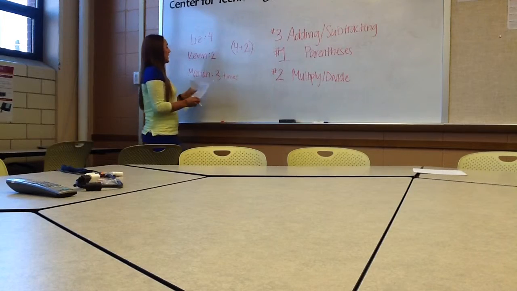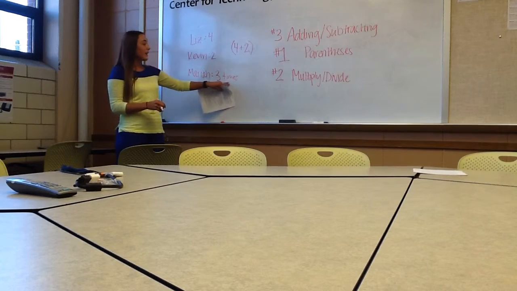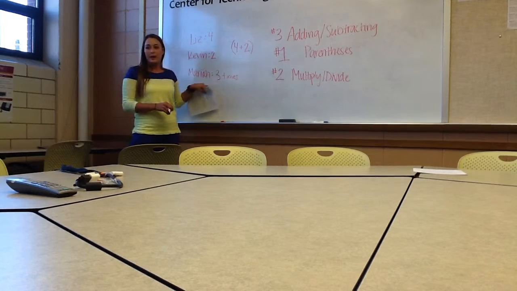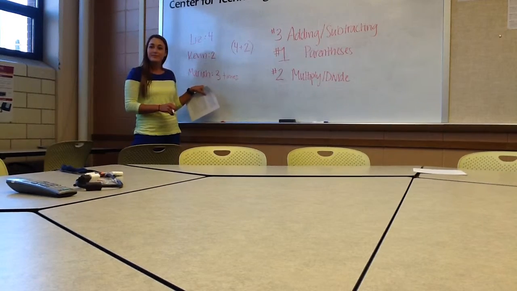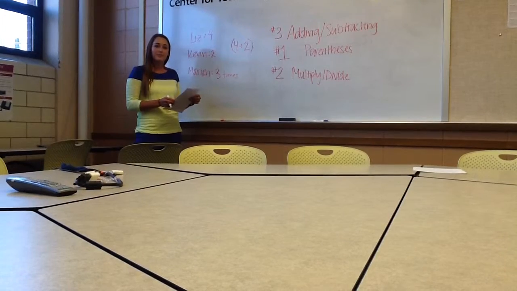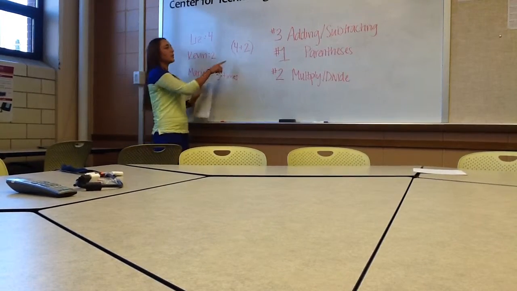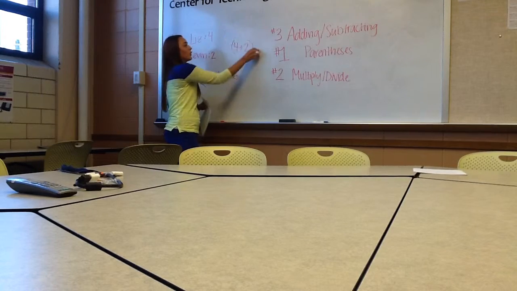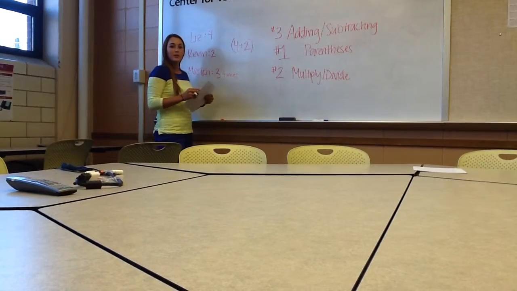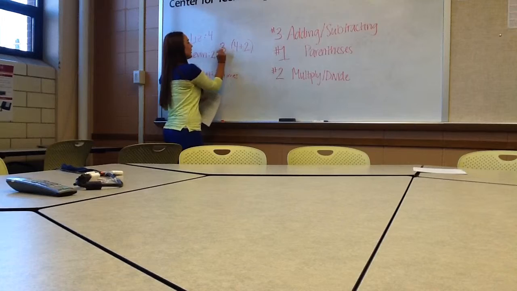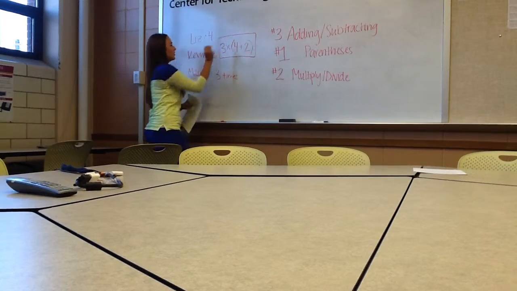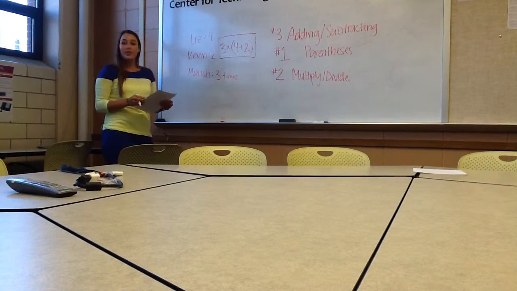So now that we know that Mariah has 3 times this, what do we do with this 3 times? Yes, Hannah? Multiply by 3. Very good. Do we multiply just the 4 by 3, just the 2 by 3, or this whole part? The whole sum. Very good. So this is our first numerical expression. Are there any questions?